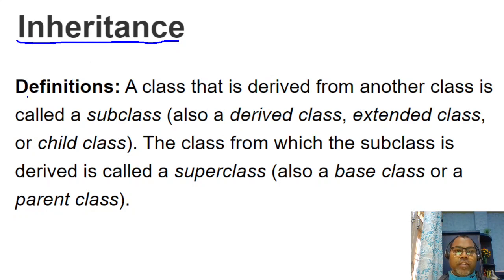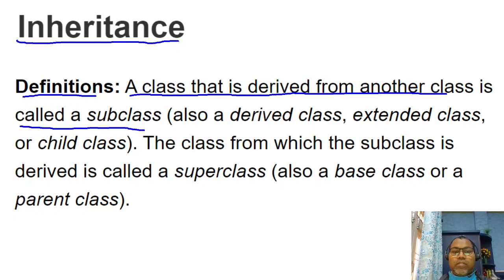As per the definition of inheritance, a class that is derived from another class is called a subclass. The derived class is also known as an extended class or child class.